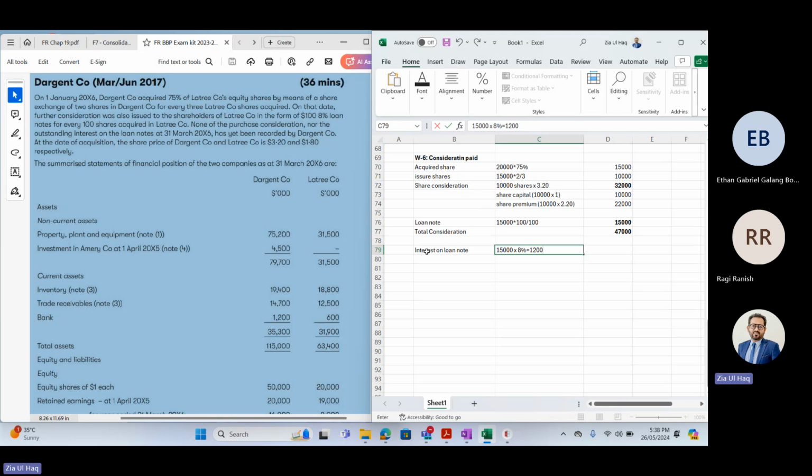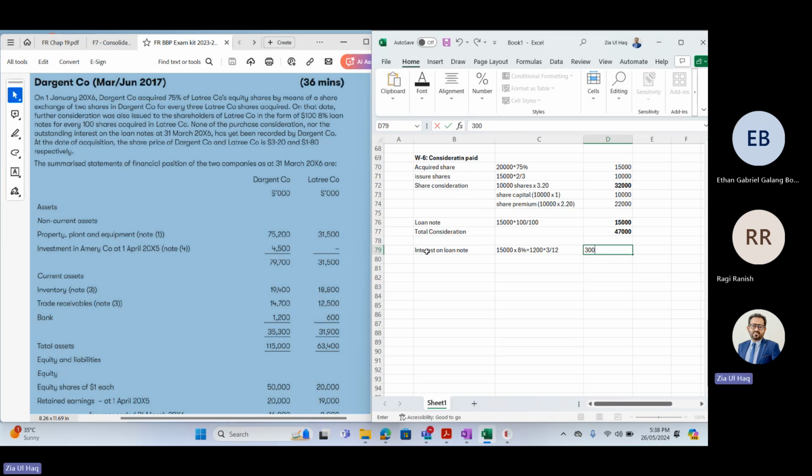How many months? 3 months. So it needs to be multiplied by 3 divided by 12. What's that? 300 is the loan interest that haven't been paid during the year.